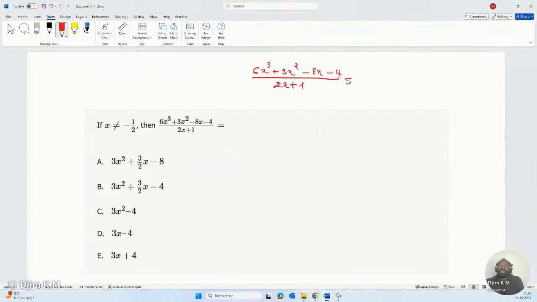Let's say this here, we can do something about it. Like if we say 3x squared plus x.